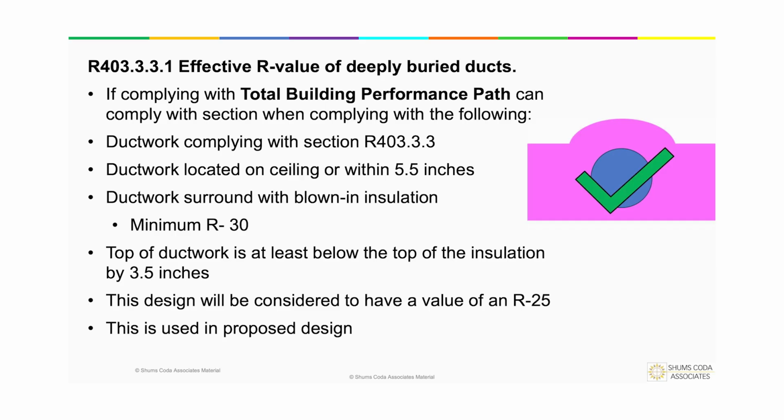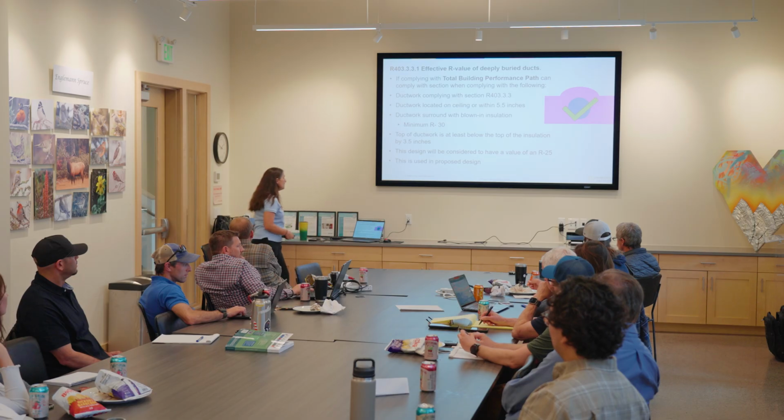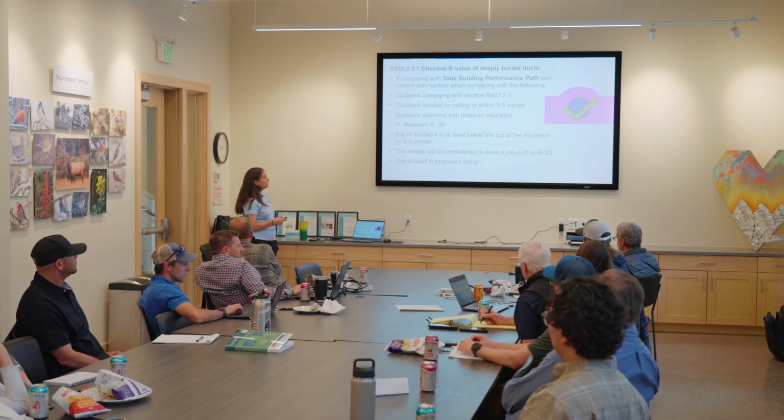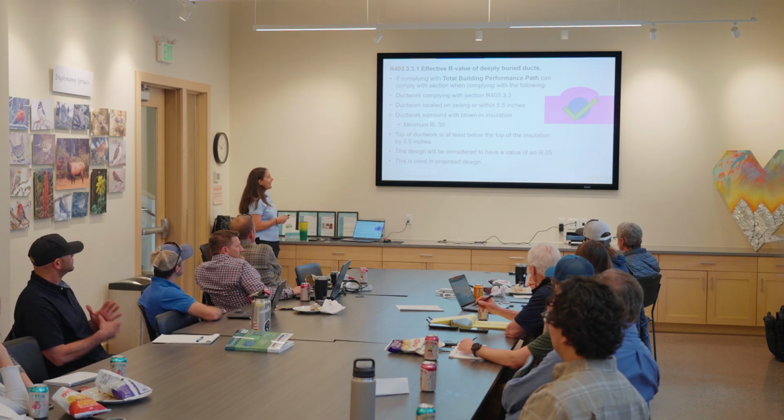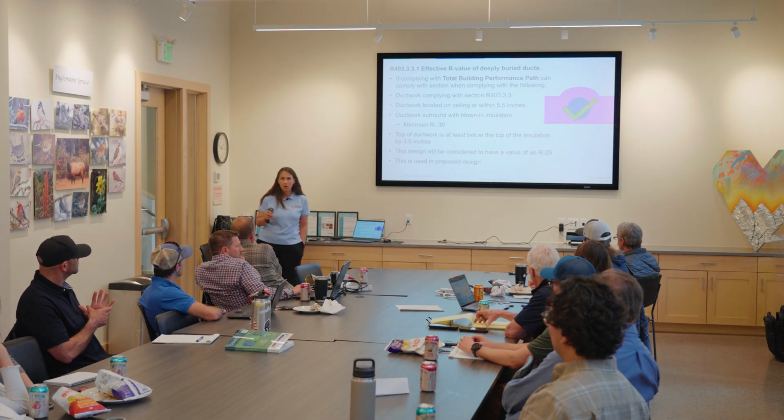So they have to comply with R403.3.3. That's the one that talks about insulating the duct to an R8, R19 below it, the rest of it all around it. It also talks about when you have your ductwork and you have blown-in insulation all around it, it has to be a minimum of an R30.